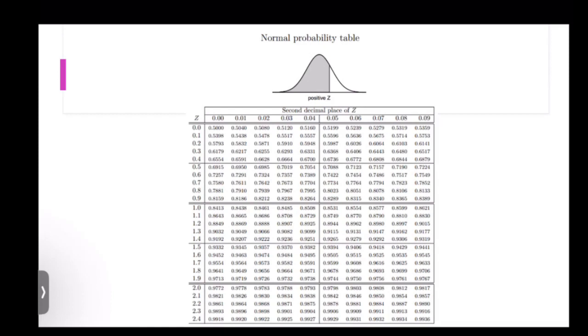normal probability table. If you have the negative probability table, you can just directly use the value of 1.13. So if not, you can use the normal probability table. Can look at the value of 1.13.